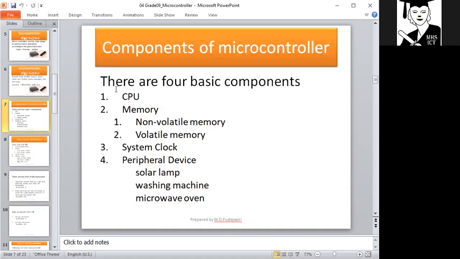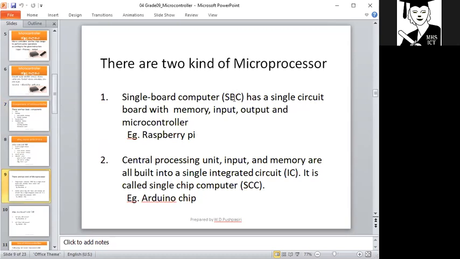But these components are available in the SBC on one board, not on one chip. It's on one board, right? But in the SCC, everything is built into one chip. That is the main difference between those two.